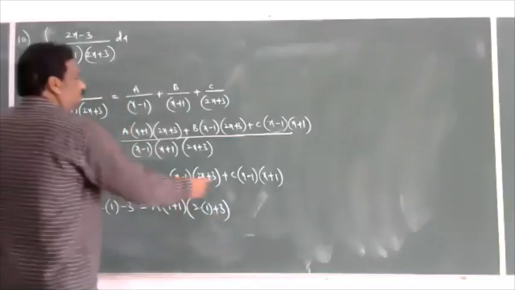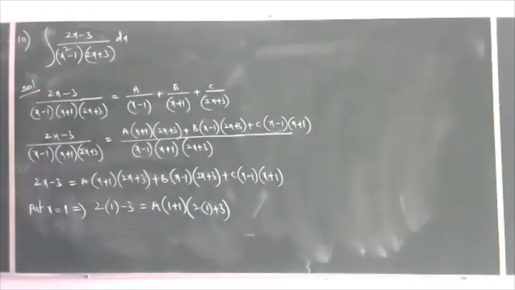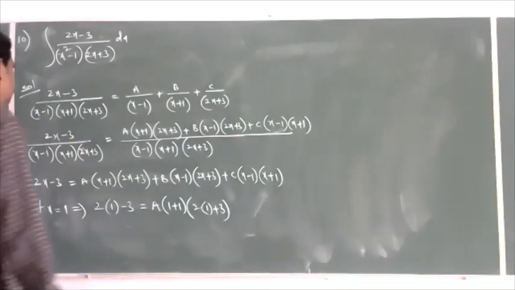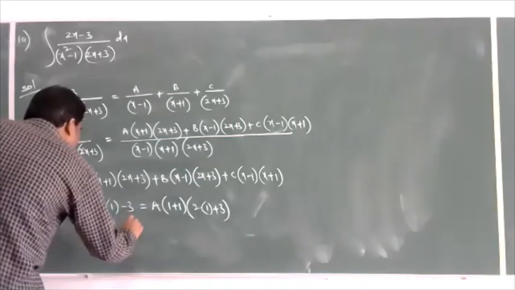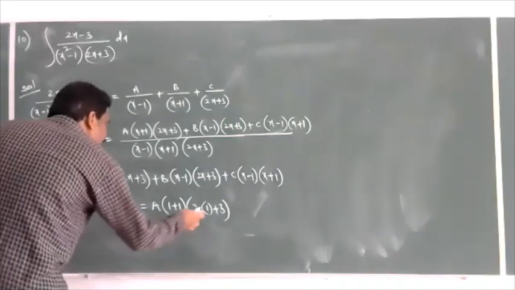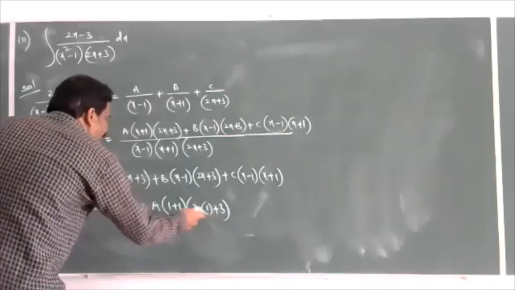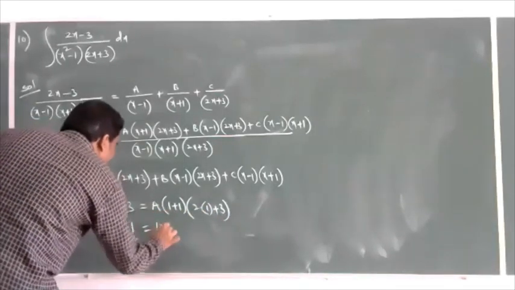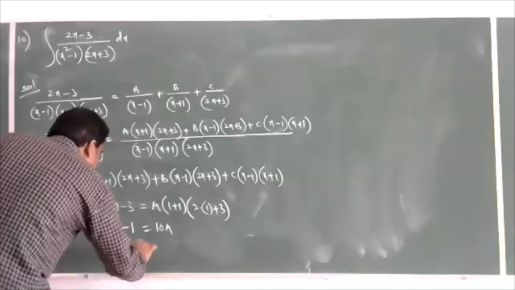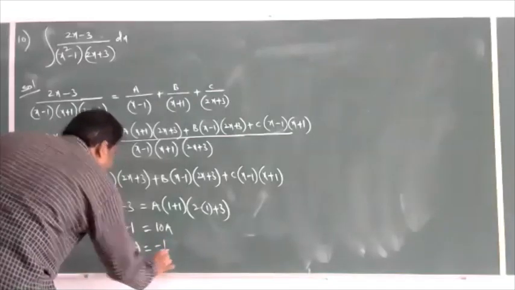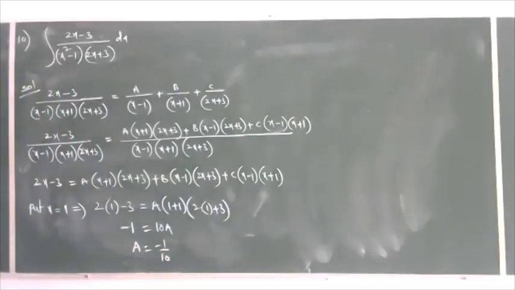This term is 0, this term is 0. That is 2 minus 3 is minus 1 is equal to, here 2 plus 3 is 5, 5 into 2 is 10, that is 10a. A is equal to minus 1 by 10.